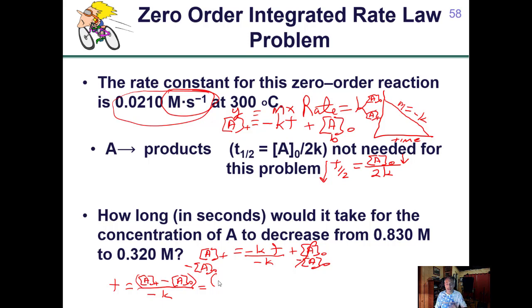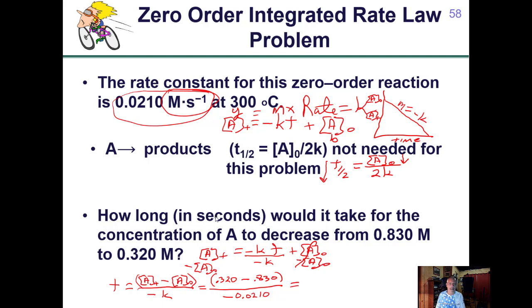So A at time t is the lower value, 0.320 molar, minus A naught, which is 0.830 molar, and we're going to divide that by minus k, and our k value is 0.0210. Okay?